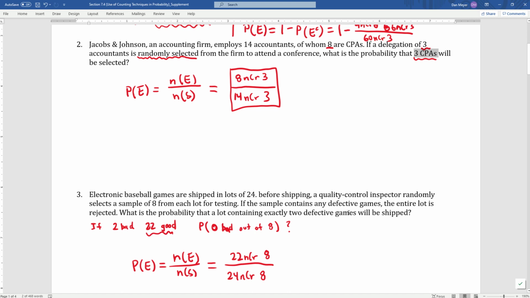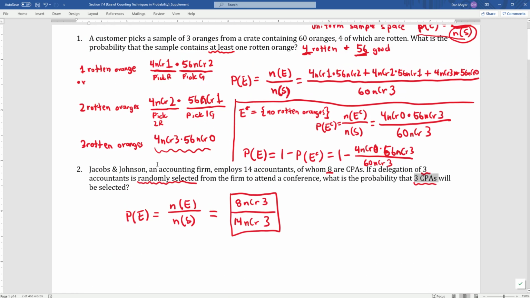There was only one case, and in number 2, I wasn't choosing anything from the non-CPAs. In number 3, I wasn't choosing either one of the bad games. My numerator was actually only picking from a reduced selection set. So that's one way to distinguish 2 and 3 from 1.